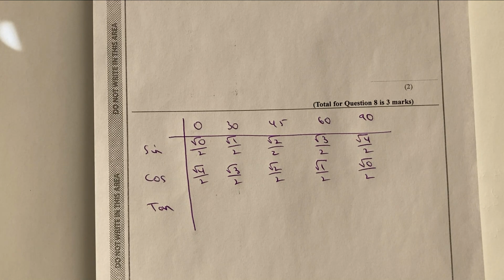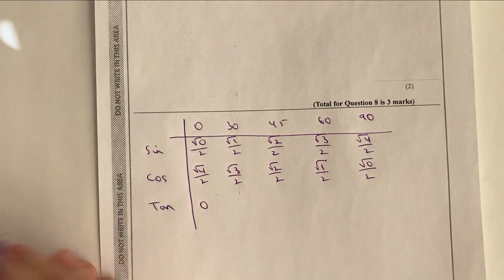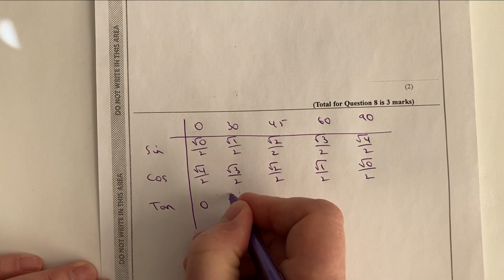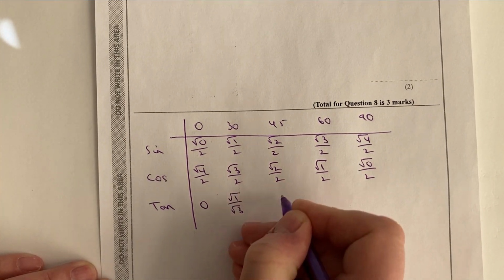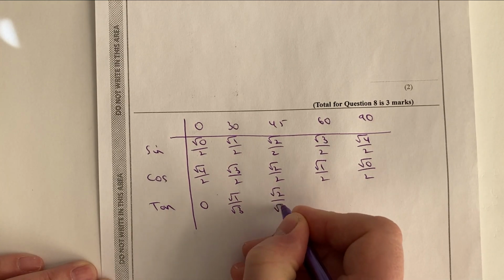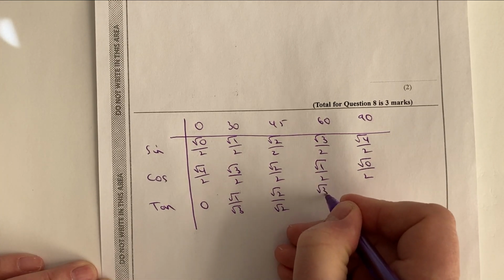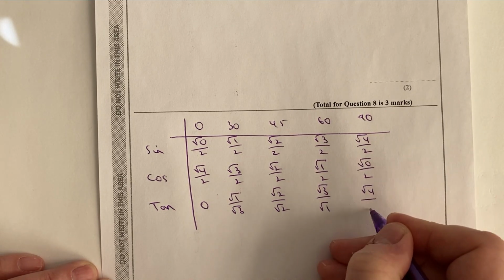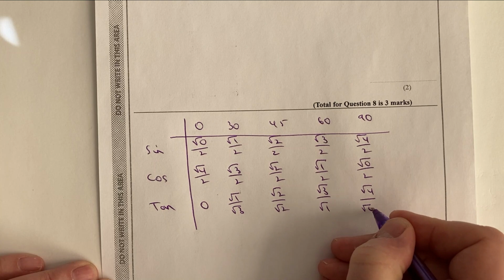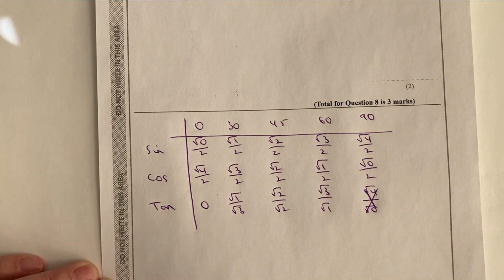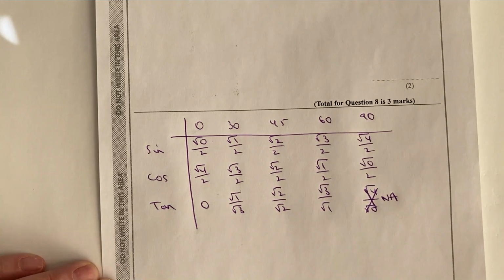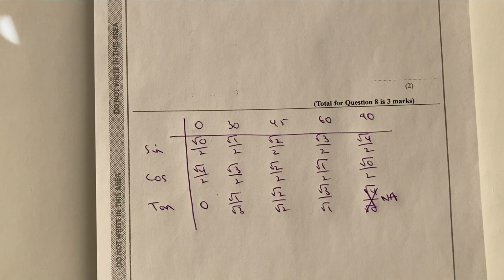So the first one is actually going to be 0, then the second one is going to be root 1 over root 3, root 2 over root 2, root 3 over root 1, and root 4 over root 0, which is actually indeterminate, because you can't divide by 0, so it's not applicable. So tan is probably the only one that you need to be a little bit careful of.